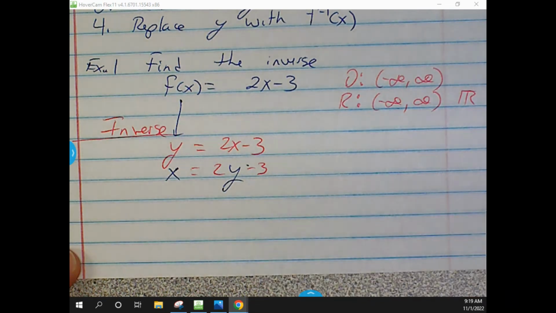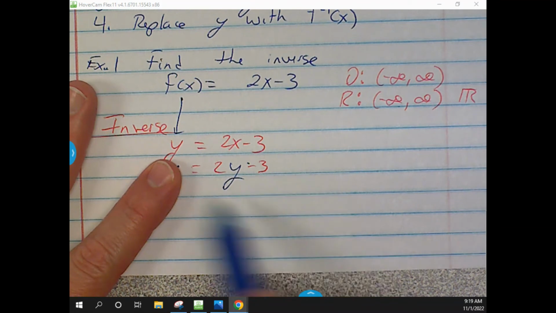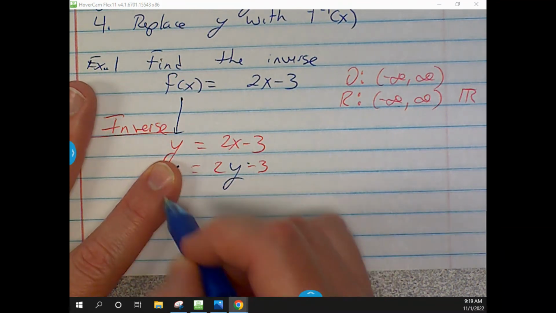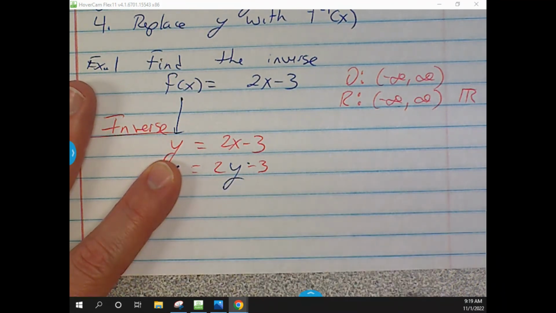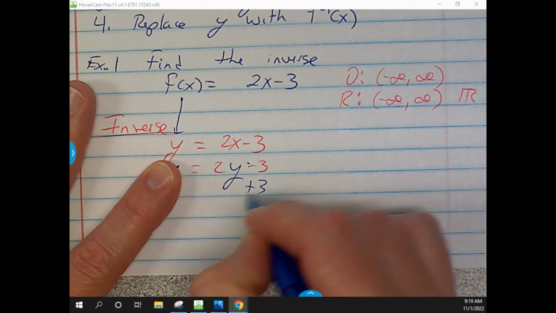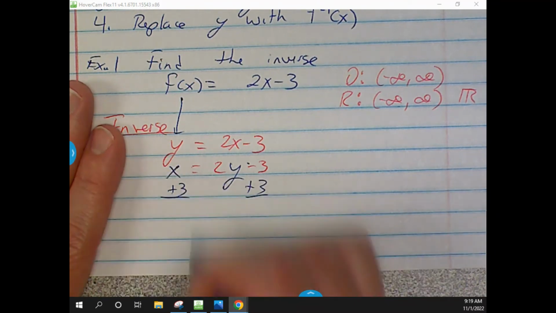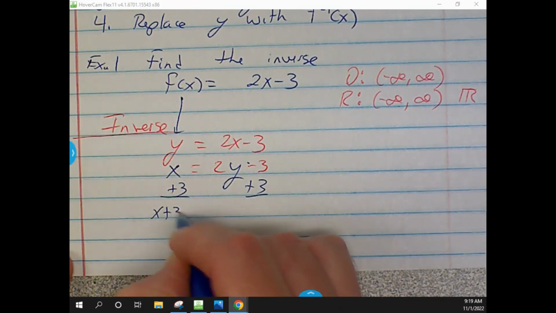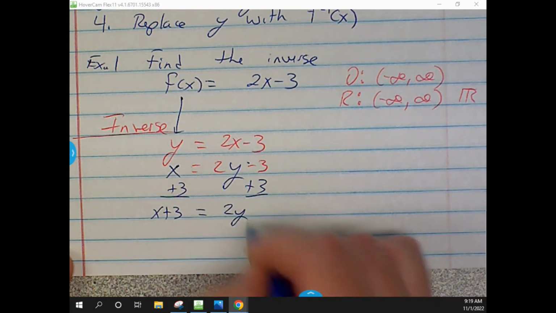And now you're going to solve this equation for y. Don't worry about it, some of y'all get a little freaked out because there's an x over here. Just forget about this one. If it's 2y minus 3, first step is you're going to add 3 to both sides, right? So that's going to be x plus 3 equals 2y.